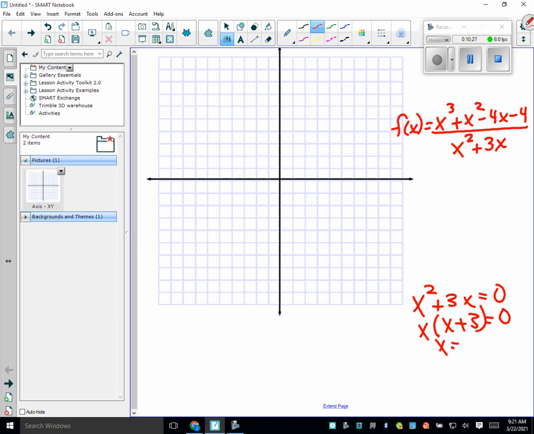What is x equal to? 0 and negative 3. So I have one here, and when it comes down the axis, you have to be careful where we can see it. And I have one here, don't I?